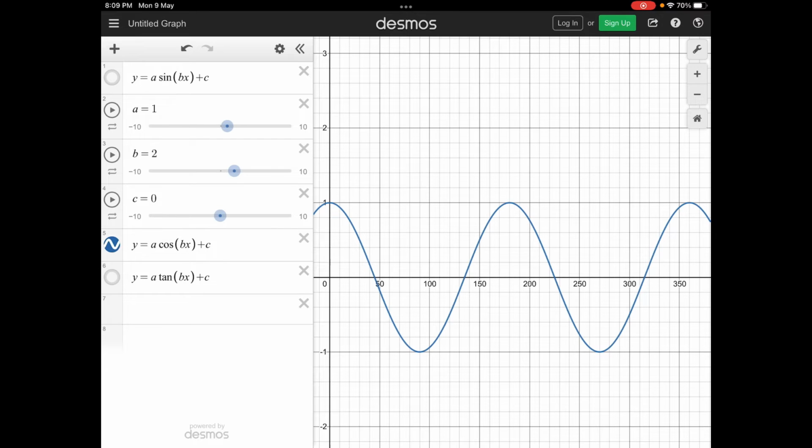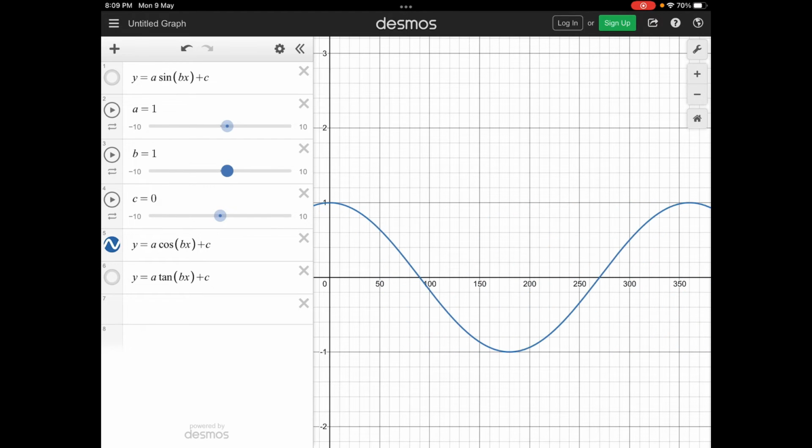Now, we can also look at what happens when we go to values less than 1. Say, for instance, a half. This now means that the frequency is a half, meaning that we only have half a sine graph in the normal period of 360 degrees. Alternatively, we could take the normal period, which is 360 degrees, and divide it by half, and this will give us 720 degrees.